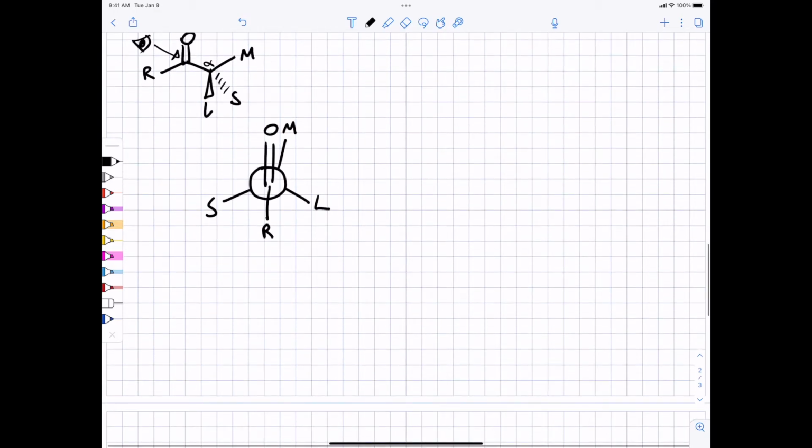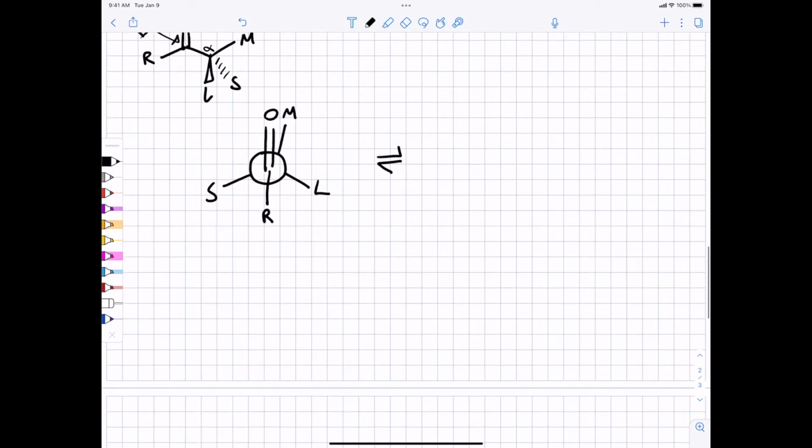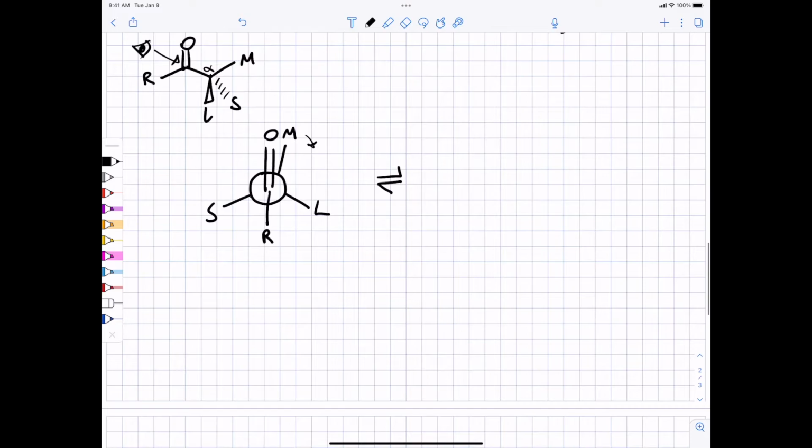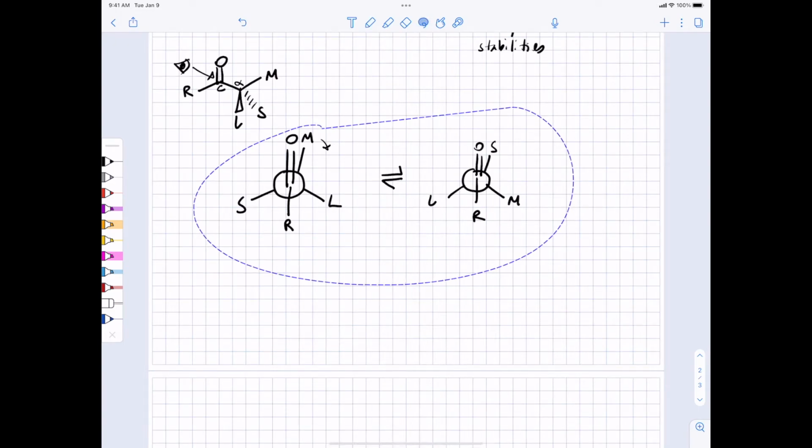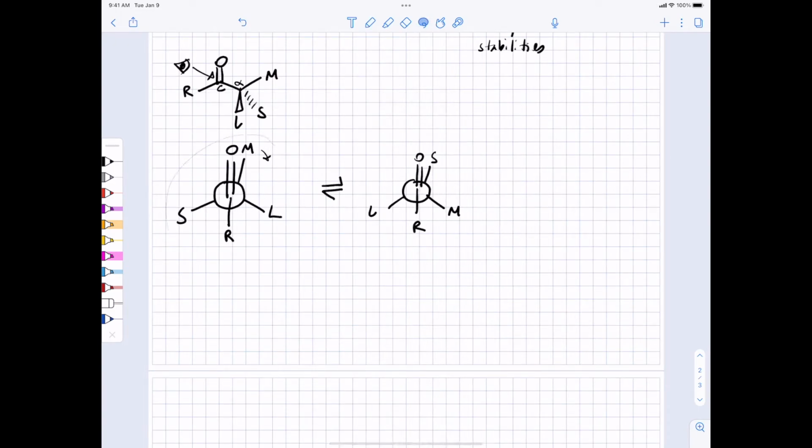And you could imagine that there might be some conformational equilibria as we rotate around the bond between carbonyl carbon and alpha carbon. There's a few unique conformations we could draw. What about the small group here, and then the large group here, and then the medium group there? Alternatively, we could draw a conformation.